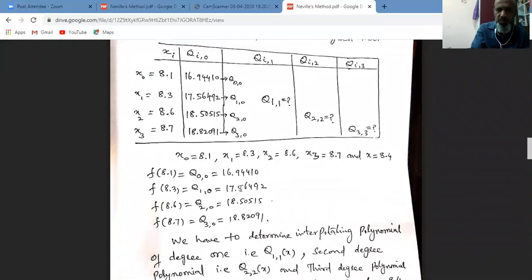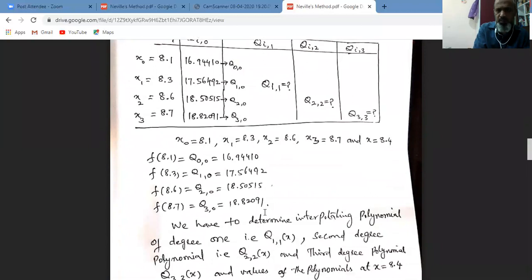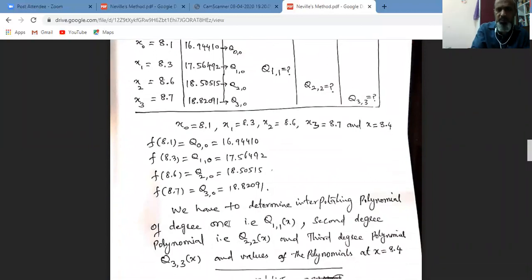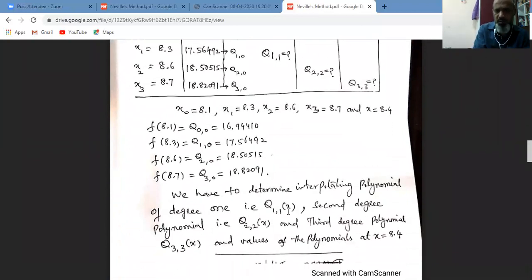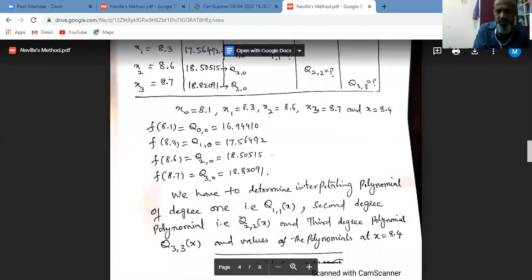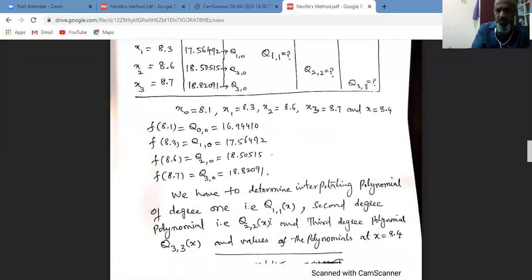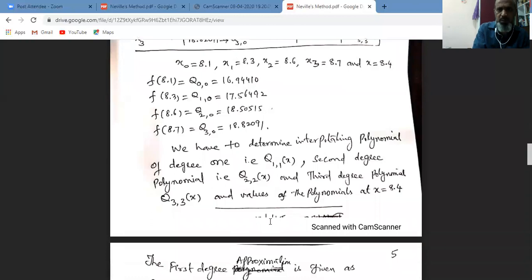Now what we have to determine? We have to determine interpolating polynomial of degree 1, that is q11x, second degree polynomial, that is q22x, and third degree polynomial, that is q33x, and values of the polynomial at the point x is equal to 8.4. So this is our problem.